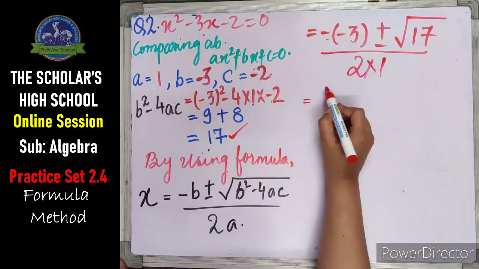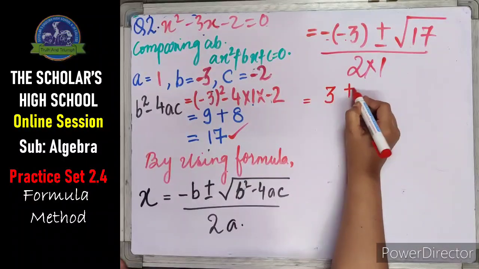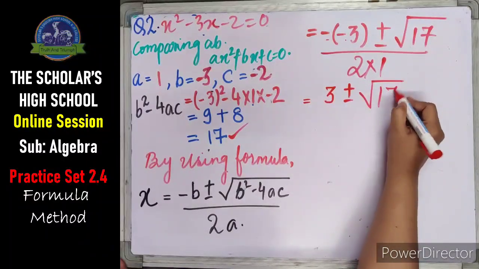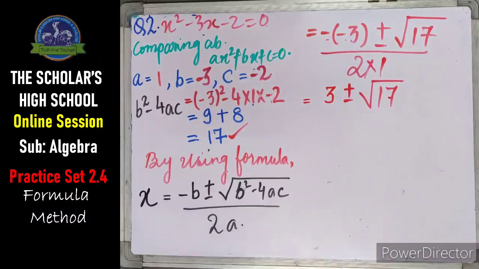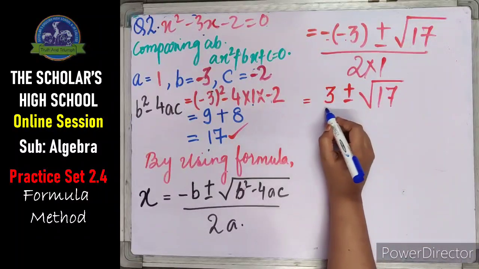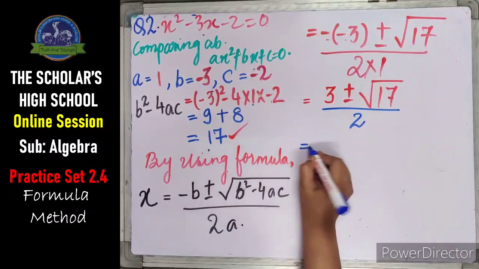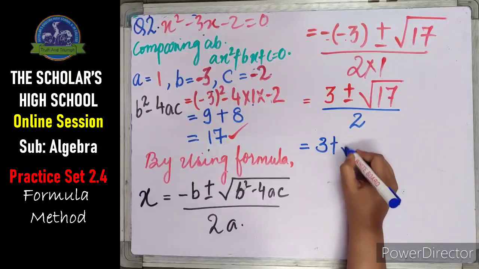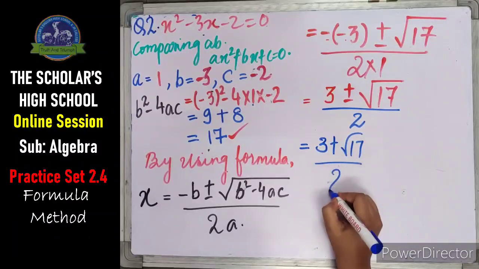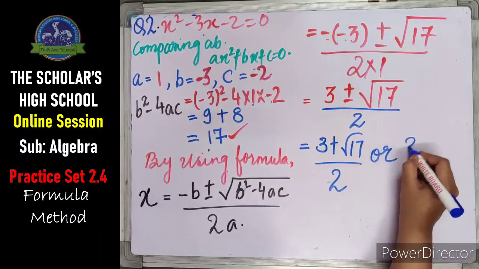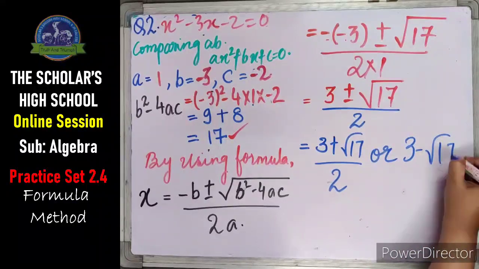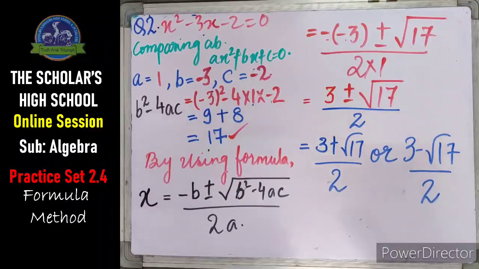So minus minus plus, it will be 3 plus minus root 17, which will stay as it is because 17 is not a perfect square. 2 ones are 2. So your answer will be 3 plus root 17 upon 2 or 3 minus root 17 upon 2, the roots of the given quadratic equation.